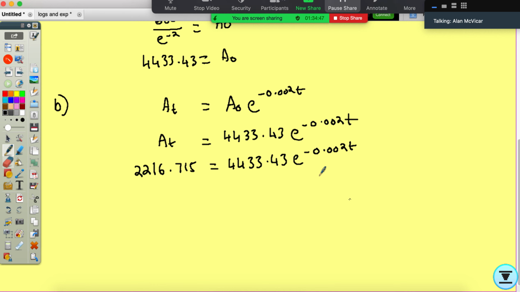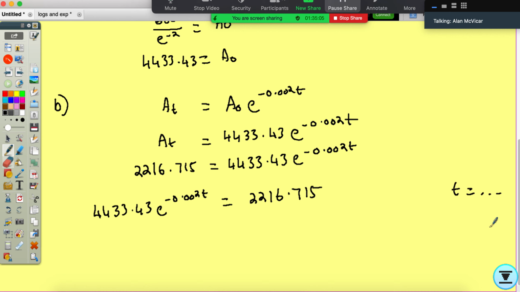Okay, so let's flip it around. So 4,433.43 e to the power of negative 0.002t equals 2,216.715. And what I want this to look like at the end is t equals and then my answer.